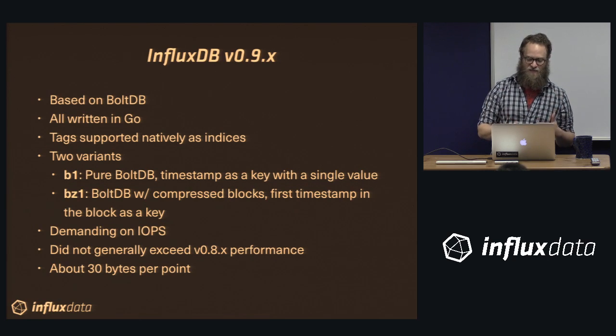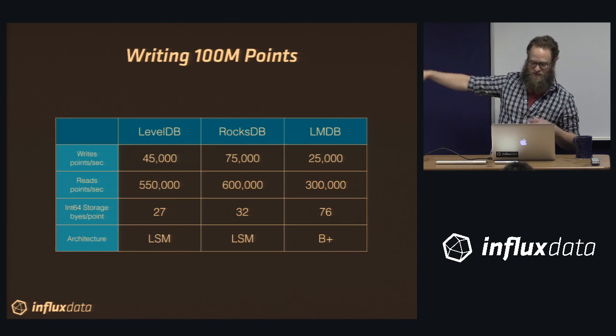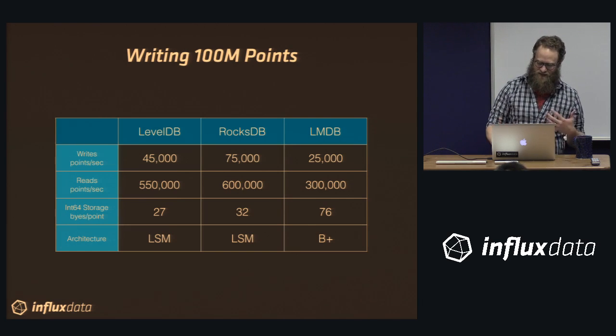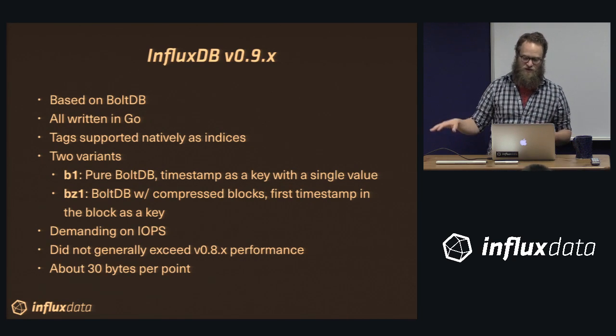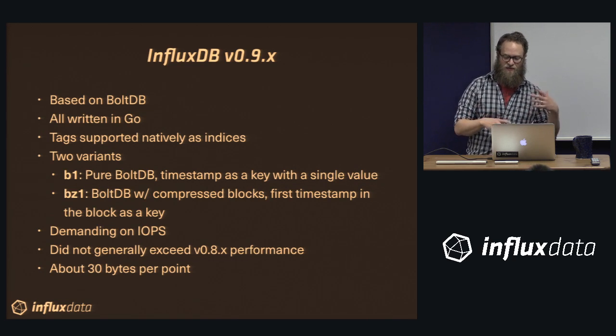But we ended up seeing some performance problems with the B+ tree, similar to what we saw with LMDB, which was a similar architecture. We didn't put it together until later that the design wasn't giving us what we wanted, but we ended up moving towards BZ1, which used compressed blocks of data associated with an individual key.